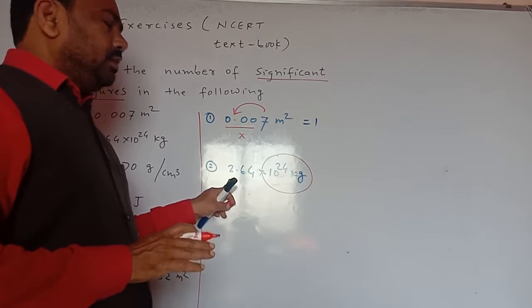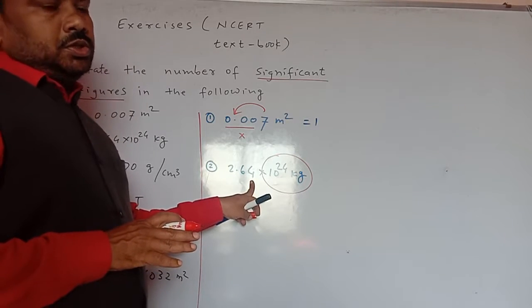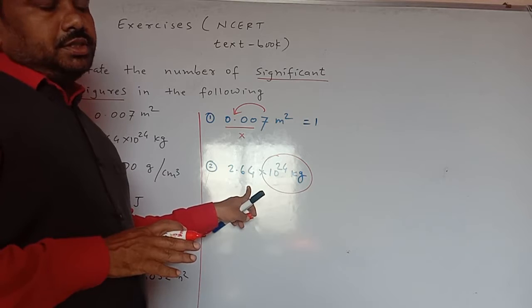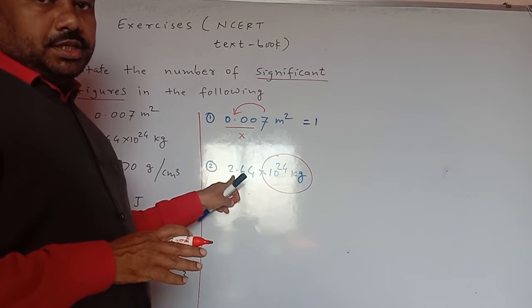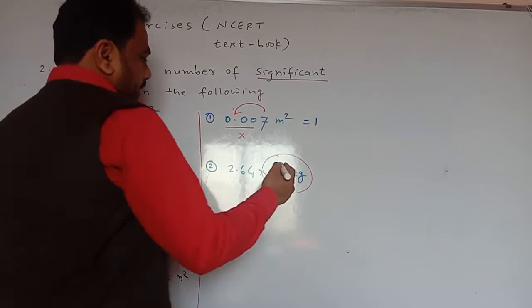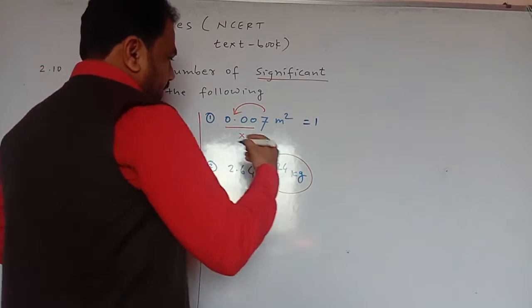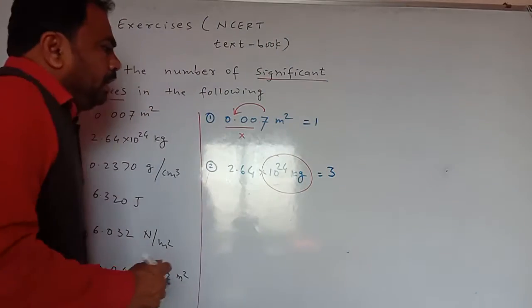Just concentrate on the given number, which is 2.64. Here 2, 6 and 4 are non-zero digits, so 3 digits are present in that number. Therefore the number of significant figures is 3.